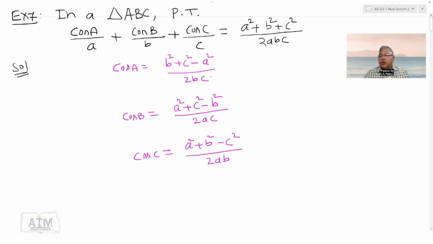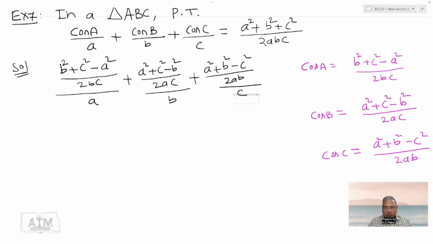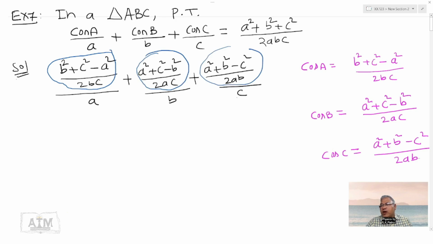So to solve this question, I am going to use this formula. Here I kept the cos A value. Here I kept the cos B value. Here I kept the cos C value.